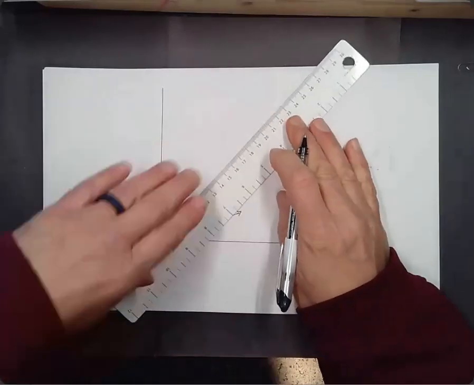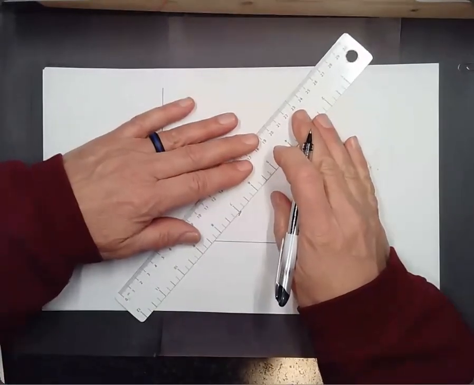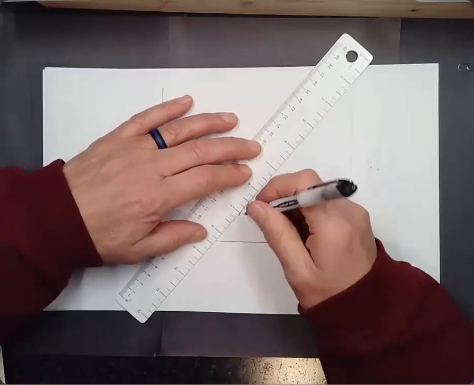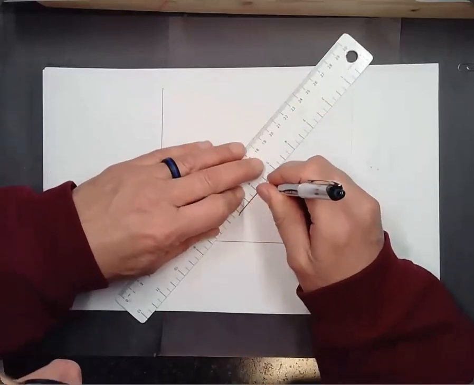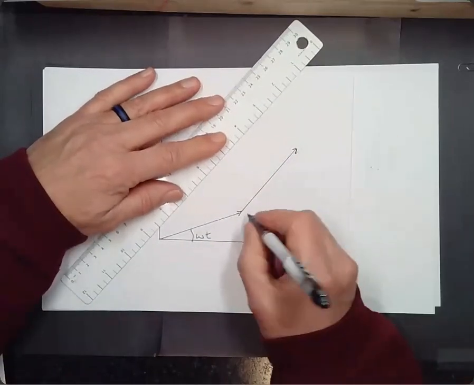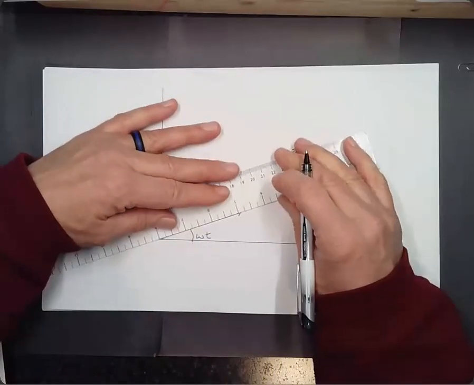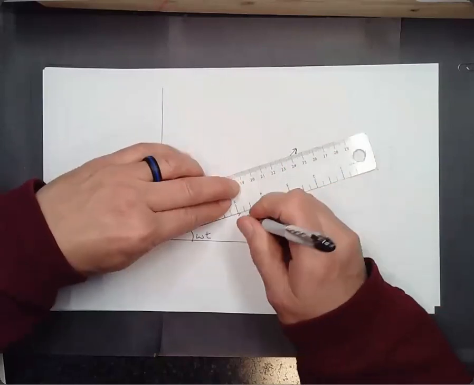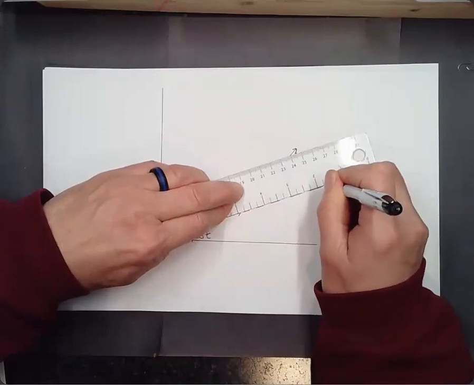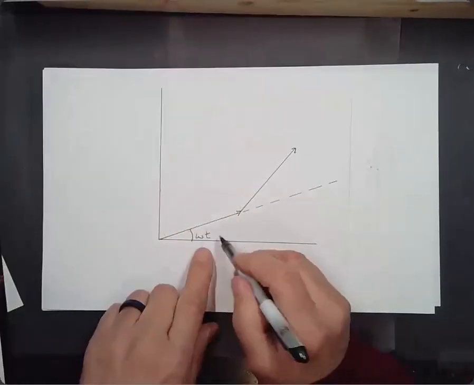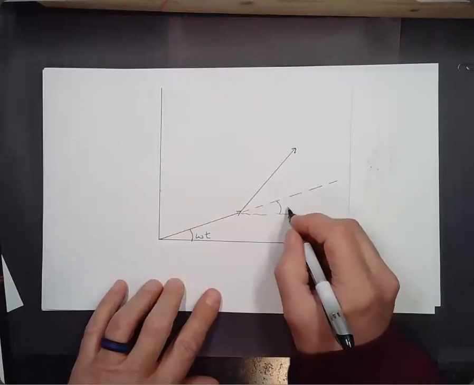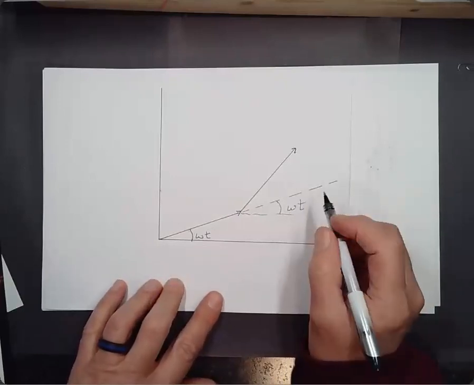And then I'll add to that a second vector, which has the same magnitude. At least I hope. Yeah, it does. So this was omega t. If I sketch this, this would also be omega t.